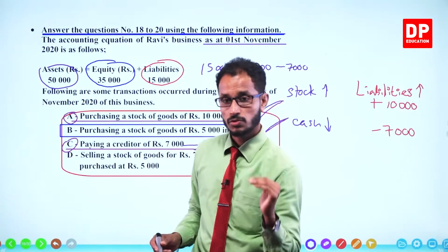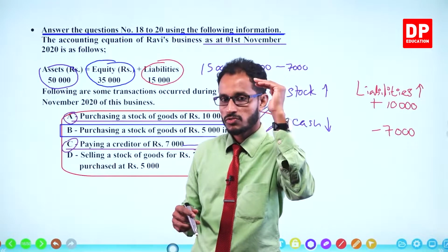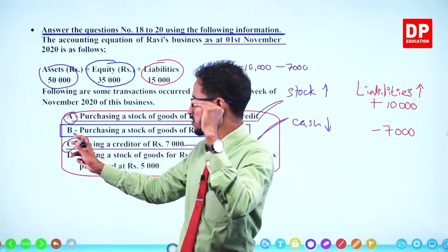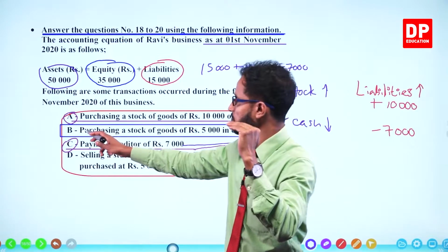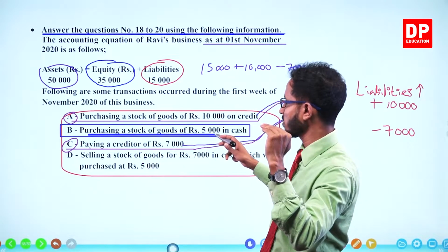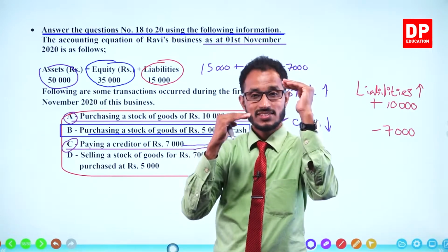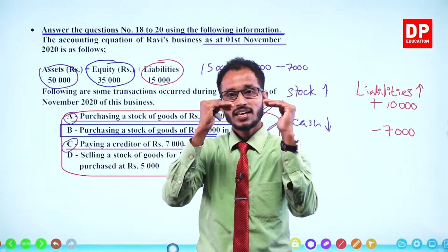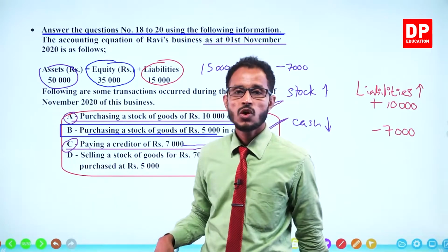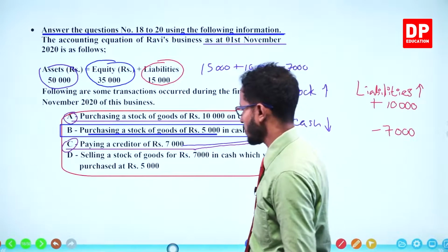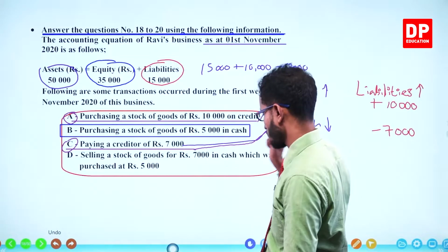But at the same time, for that 5,000 worth of stock that we got, cash decreases, because we pay for the goods. So 5,000 goods come in, 5,000 cash goes out. No effect on assets. B is the answer. Purchasing a stock of goods, 5,000.